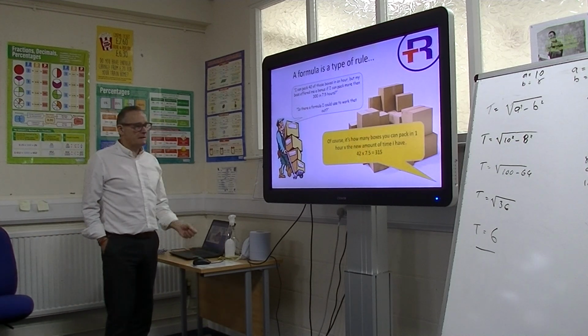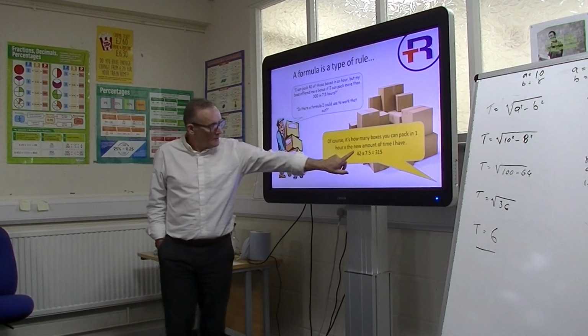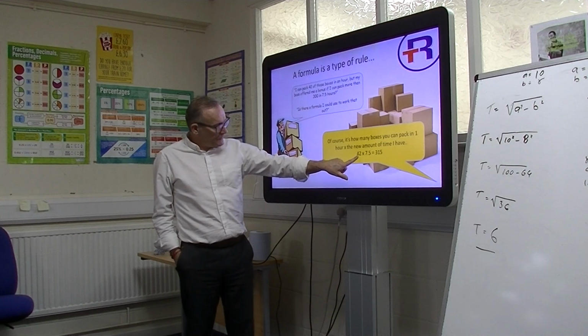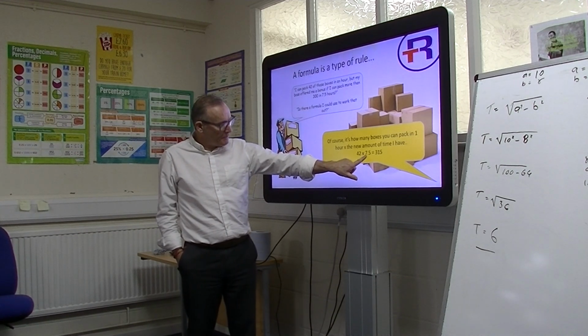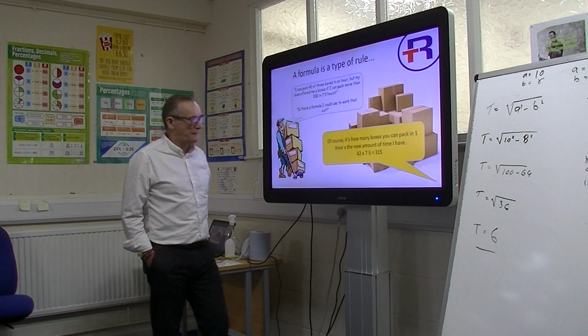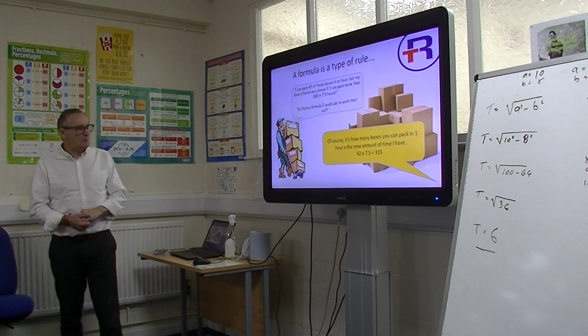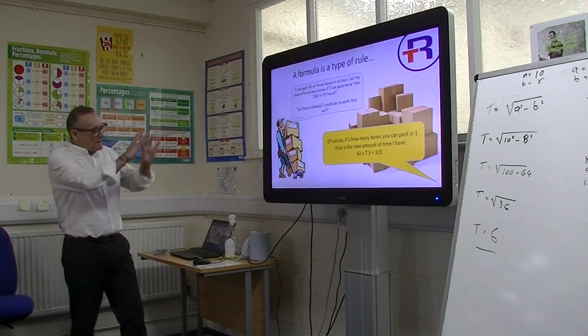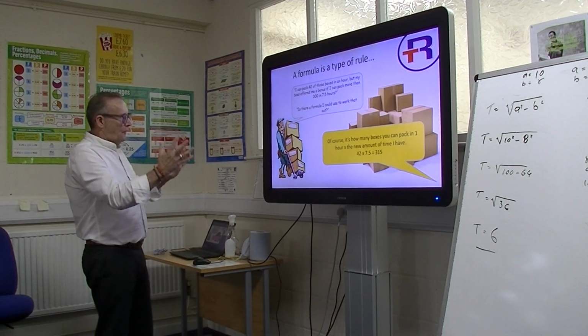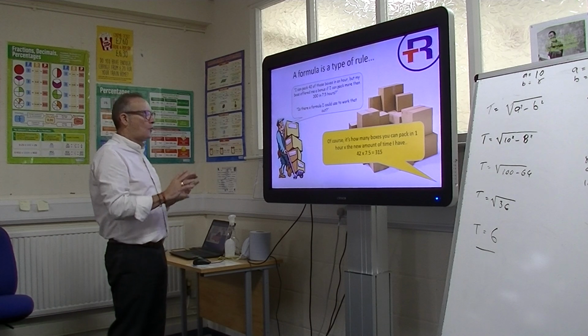That's a basic, simple formula. If I can pack 42 boxes in 1 hour, I've got 7.5 hours to pack them, so I can pack 315 boxes. It works a treat. So that's a nice, simple, basic formula. Quite easy, quite straightforward.